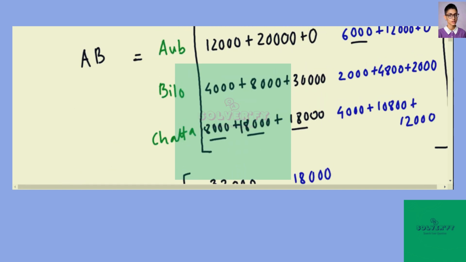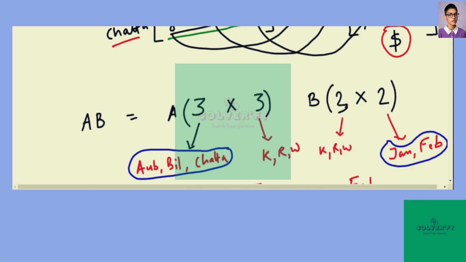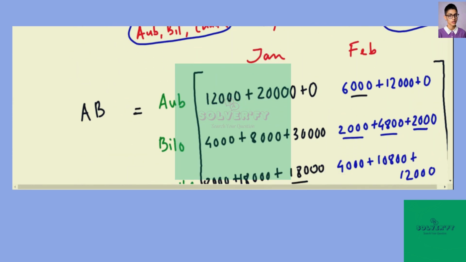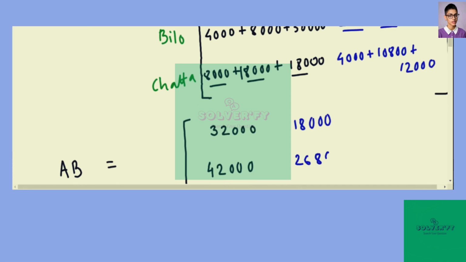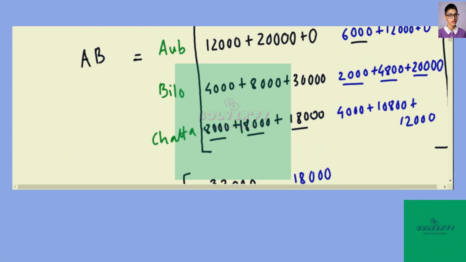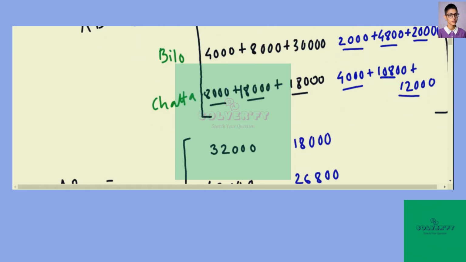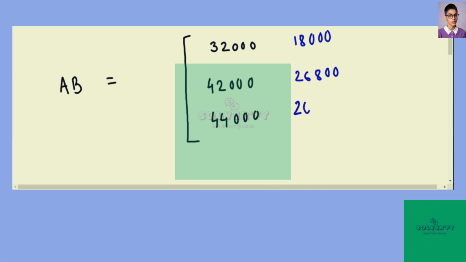And there 20,000 plus 4,800 plus 2,000 is 26,800. And the last one is 12,000 plus 4,000 plus 10,800, which is 16,000 plus 10,800, that is 26,800.